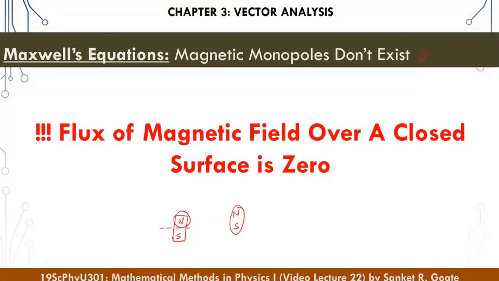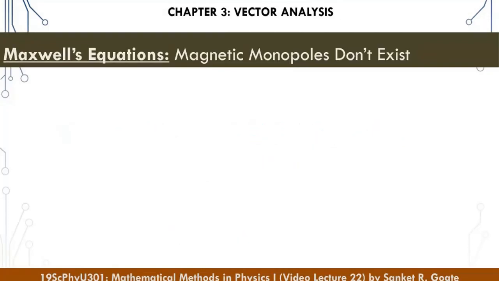So magnetic monopoles do not exist, and therefore whenever we consider a closed surface and the flux of the magnetic field through it, it is always equal to 0. Why? Because magnetic monopoles do not exist.